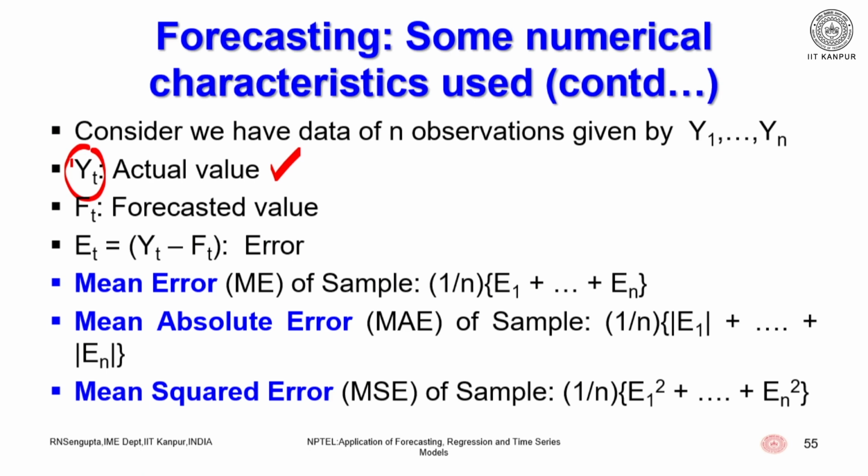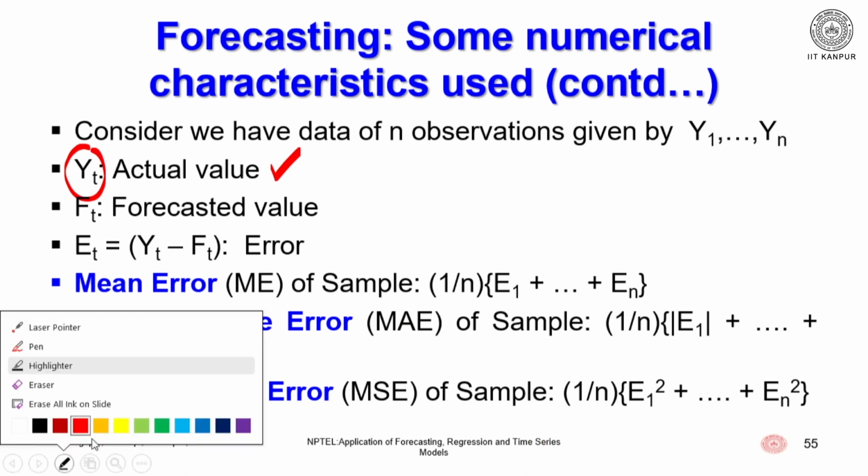Y is the symbol for the actual value, and the suffix t gives the time period, because all this data depends on the time frame. On the x axis, as I have mentioned, you measure the time, and along the y axis you measure the actual value which we denote by y.